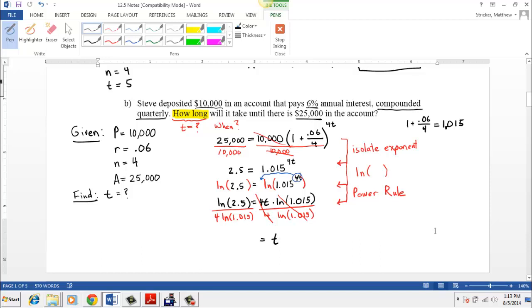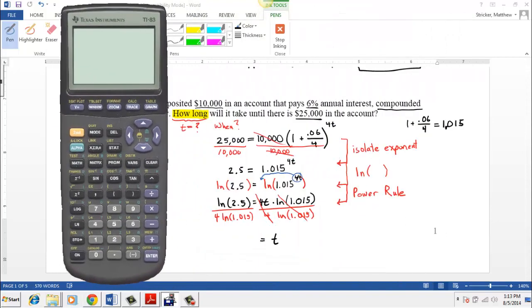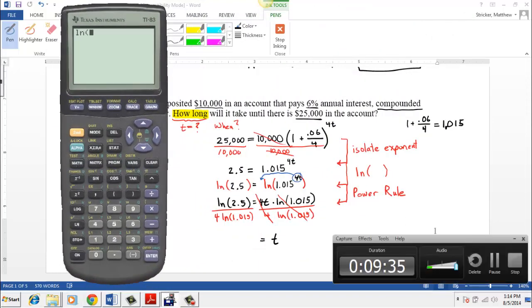And the other side, we can just do in our calculator. So if we pull up our calculator, we can take the natural log of 2.5, and you have to be careful here. We can't just say divided by 4 times the natural log of 1.015, because the calculator knows order of operations, and what it's going to do is divide by 4 first, and then take that whole answer and multiply it by the natural log of 1.015, which we don't want.